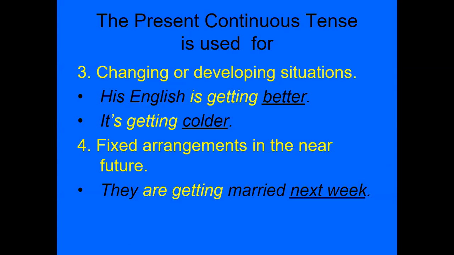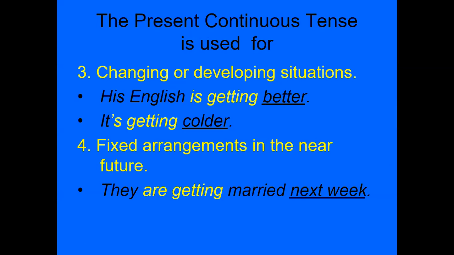Then the last use, just to finish, is the future, when you want to talk about an event that is in the near future and you want to say they are getting married next week. So this one is only used when you want to talk about an action that will happen soon. If the action will not happen soon, you cannot use this tense.